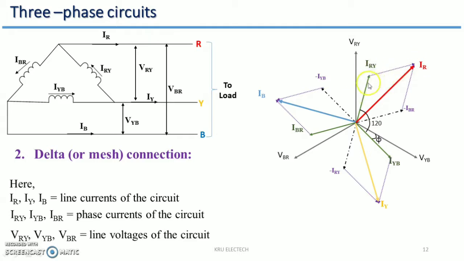The IRY, IYB are 120 degrees apart, and the IBR is also 120 degrees apart. From IRY and minus IBR, you will find the resultant IR. Understand or not? So this is IR, this is IY, and this is IB.